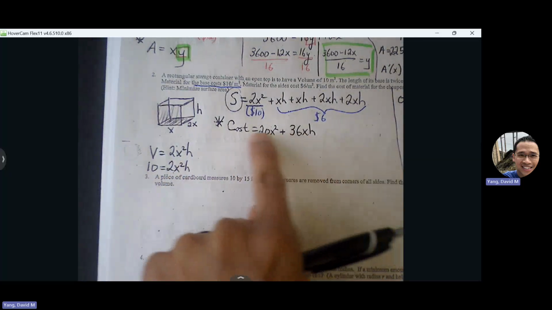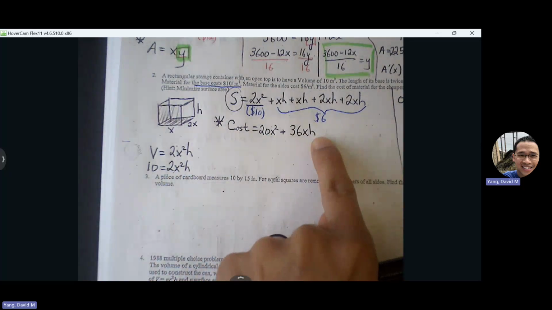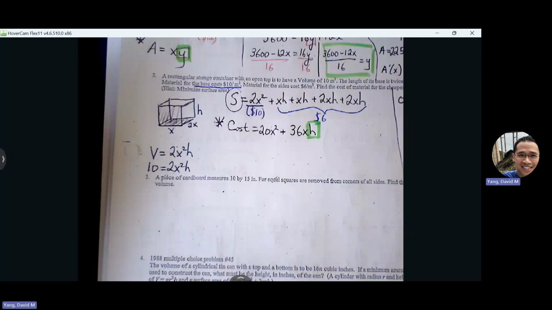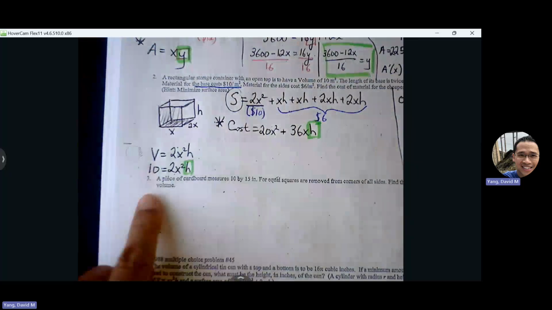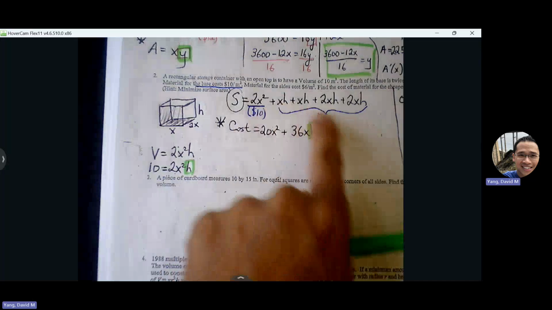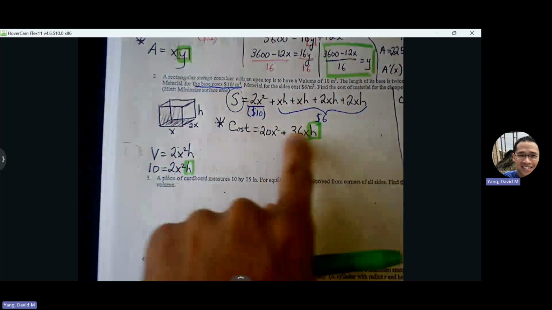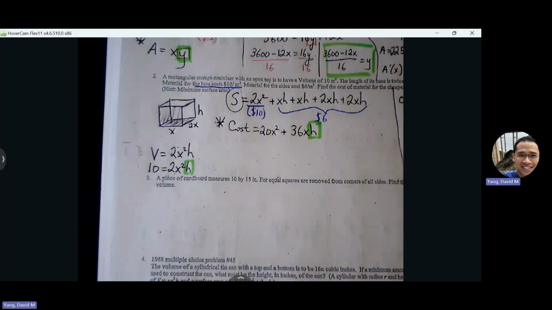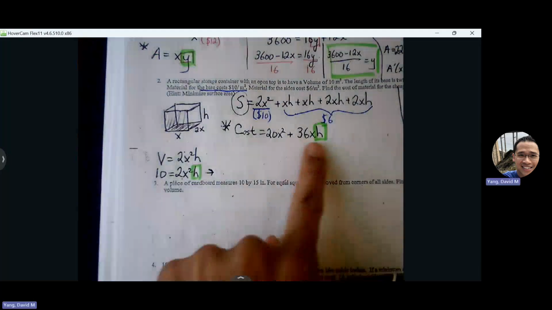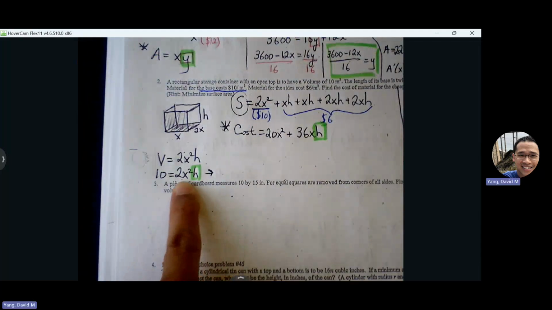Which variable do we want to replace? Which would be the easiest one to replace? The h, right? The h is by itself, so that's going to be a nice one to target. So we're going to solve for h, get this in terms of x, get our cost equation in terms of x, get it ready for power rule, find a critical point, and then we're going to be near the end of our problem. All right, but we do need this cost equation cleaned up down to one variable.